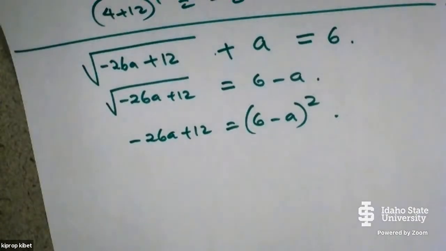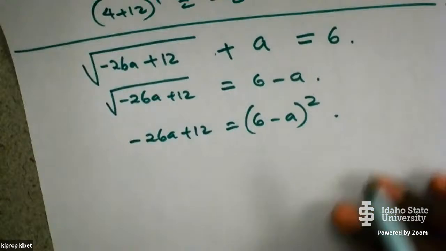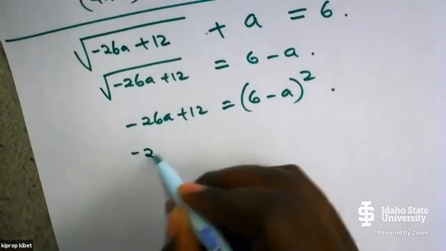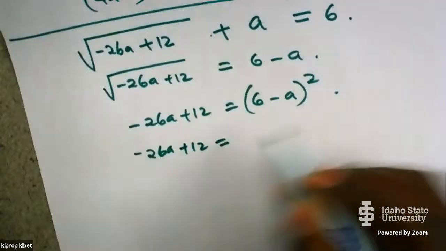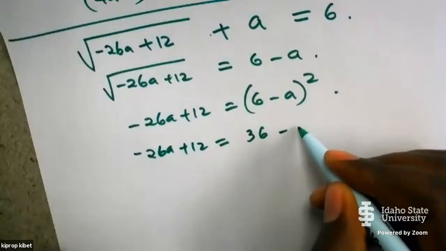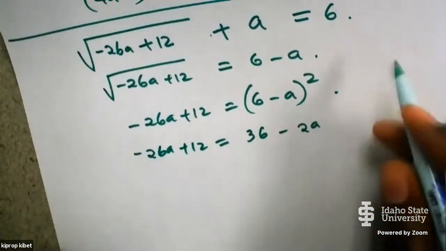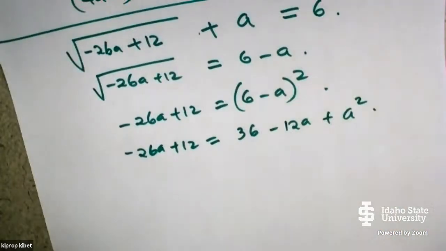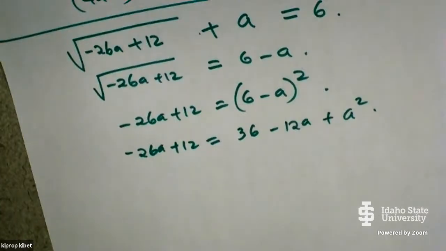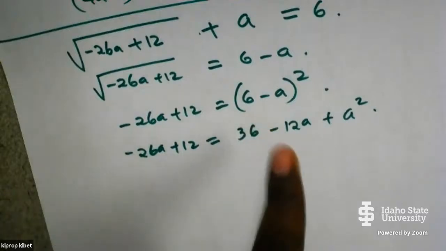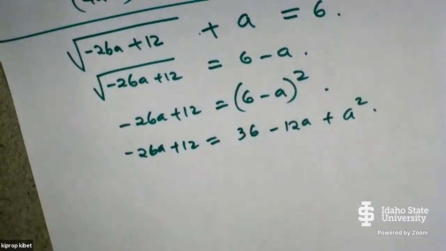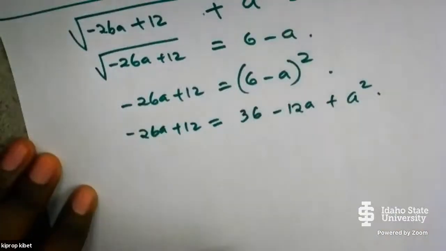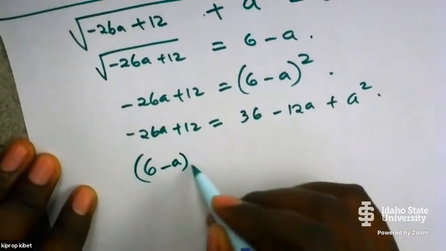When you open these brackets, what do you get? Minus 26a plus 12 equals 36 minus 12a plus a squared. When you square 6 minus a, it is 6 minus a times 6 minus a.